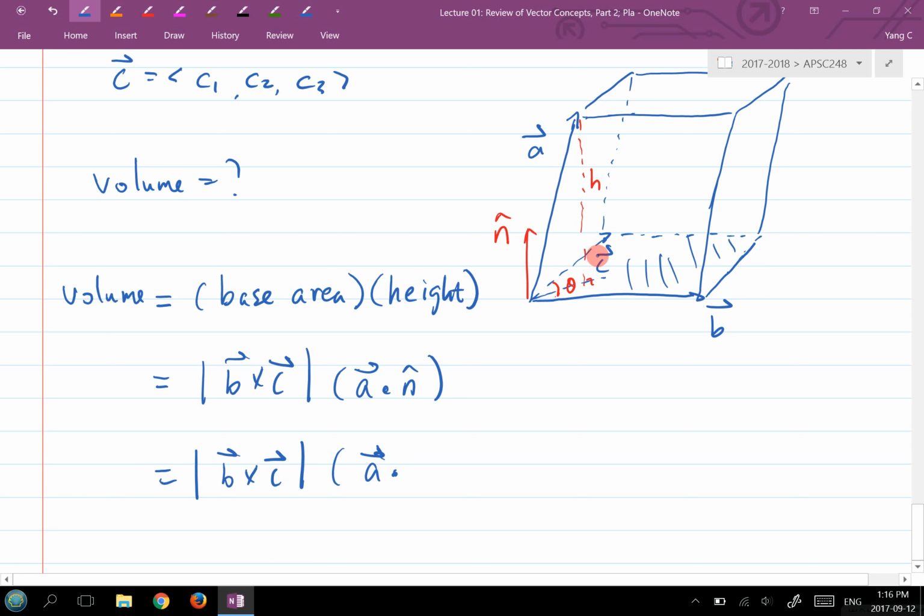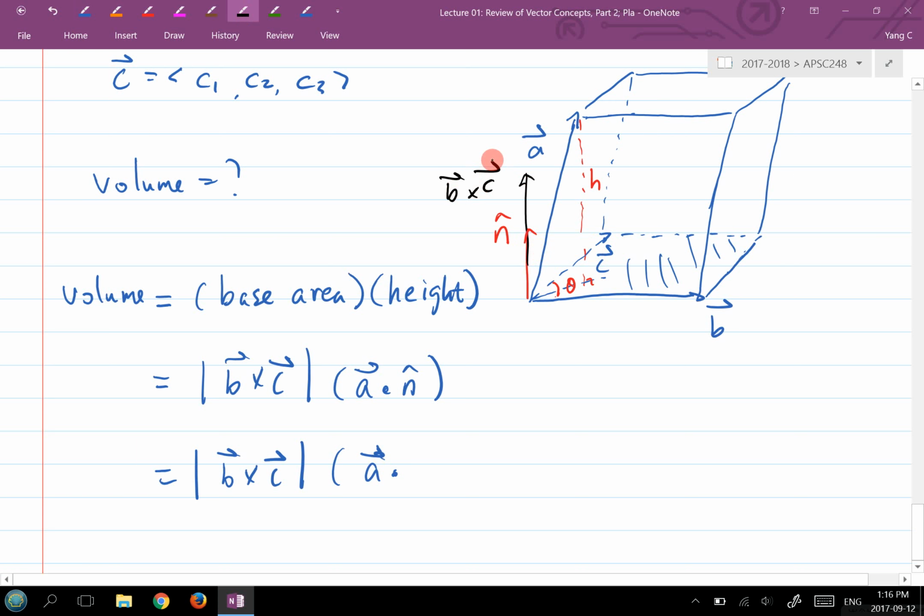I heard somebody, yes? Cross product, exactly. If I can draw a cross product here, using a black color, so let's say the cross product is B cross C. So that's a vector perpendicular to the plane formed by B and C. Now you have found a vector perpendicular to the plane.